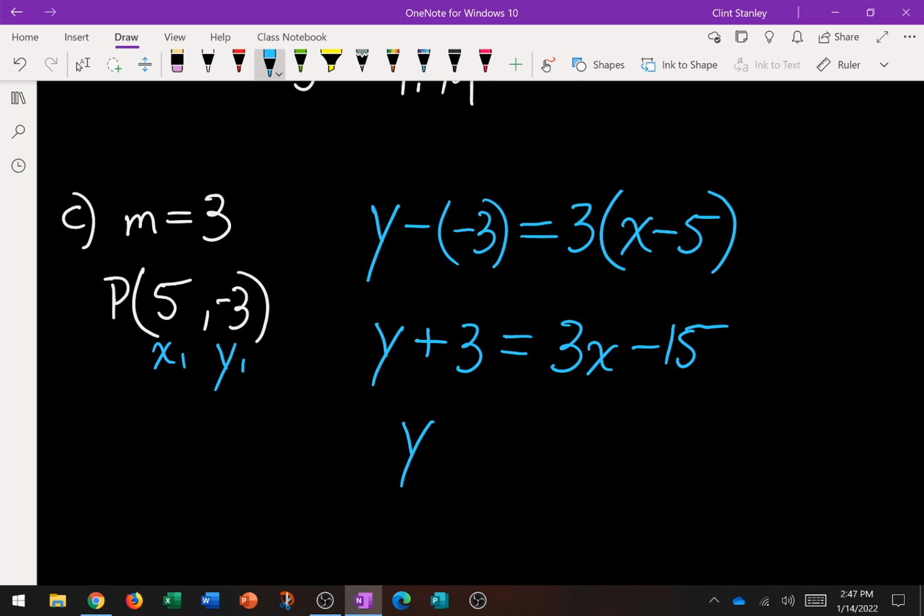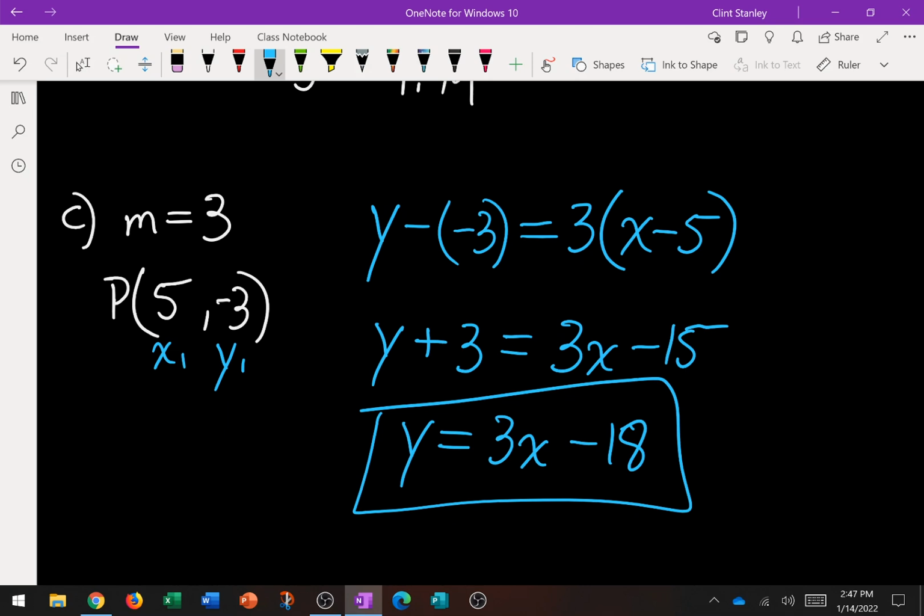Subtract 3 from both sides. Should be it. That one's a little labor intensive, but it shouldn't take you a minute.